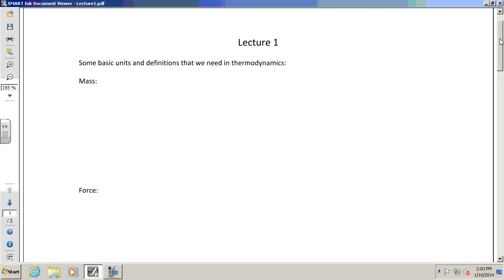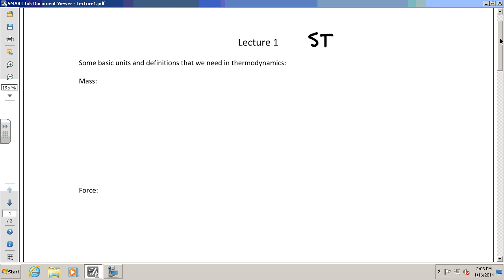So first thing is talking about mass and force. I know we've talked about this in statics and in other places, probably in physics. Mass, we've got two different unit systems that we're going to have to work with a lot in this course.